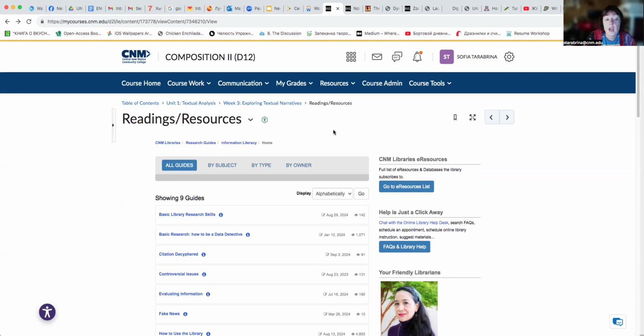So how you guys can use Wikipedia to help you with the initial step of your research: if you still do not know what you want to write about, or you have an idea but you do not know how to develop it, you can try to find a Wikipedia article on this topic.